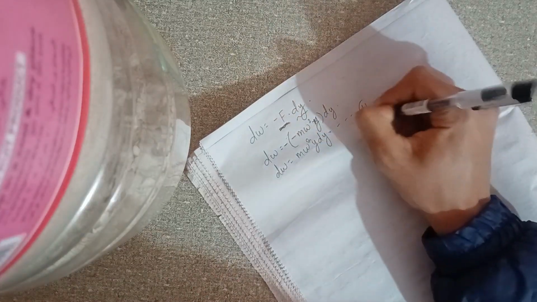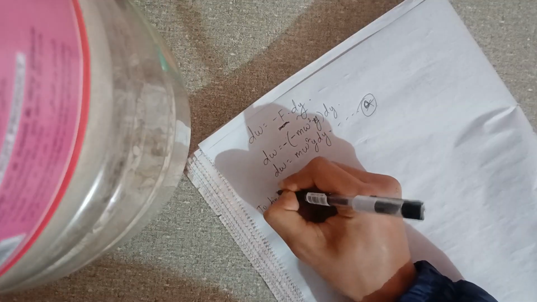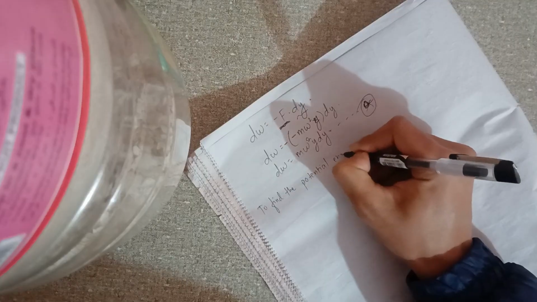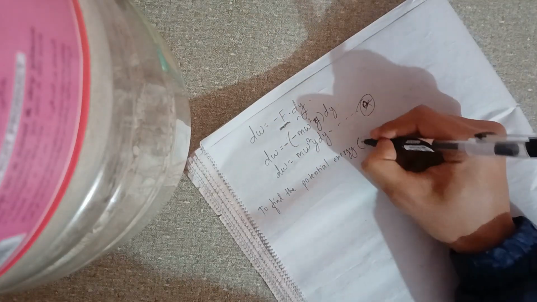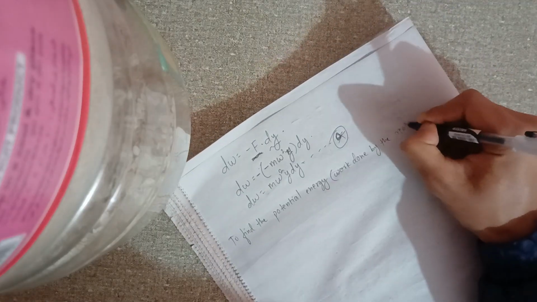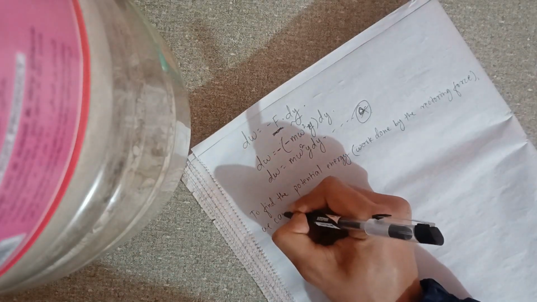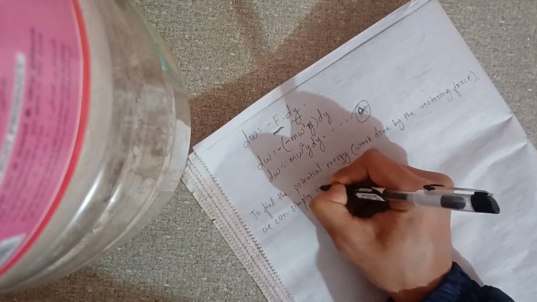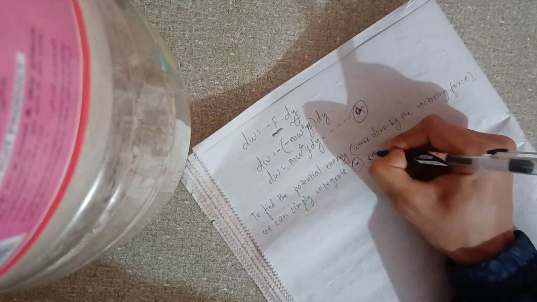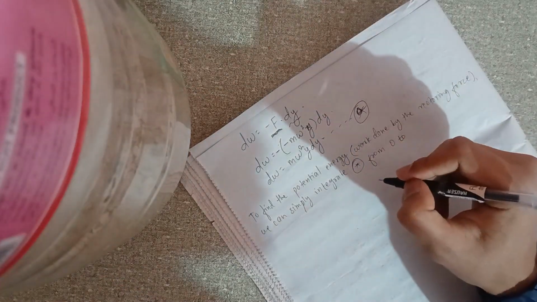Now we call this equation 2, or star, and to find the potential energy, which is just the work done by the restoring force, we can simply integrate this equation from 0 to y displacement.